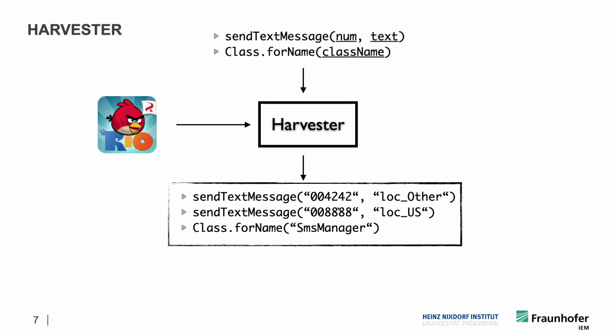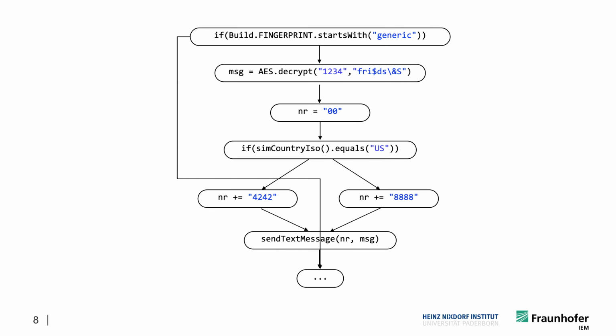So if you see certain numbers popping up here and you see certain classes being loaded, that can be a pretty good indicator, at least compared to other purely static features, on whether or not this app is actually malware. Now the problem is, like I said, the applications are heavily obfuscated, right? And that can cause a little bit of trouble, but I want to show you here how Harvester is actually dealing with this.